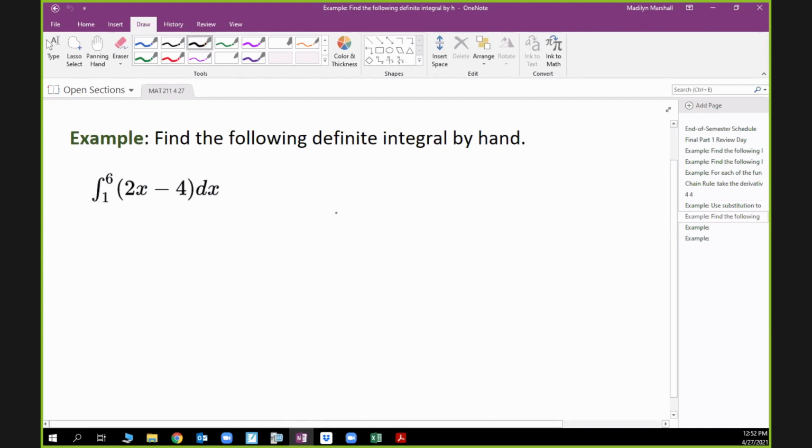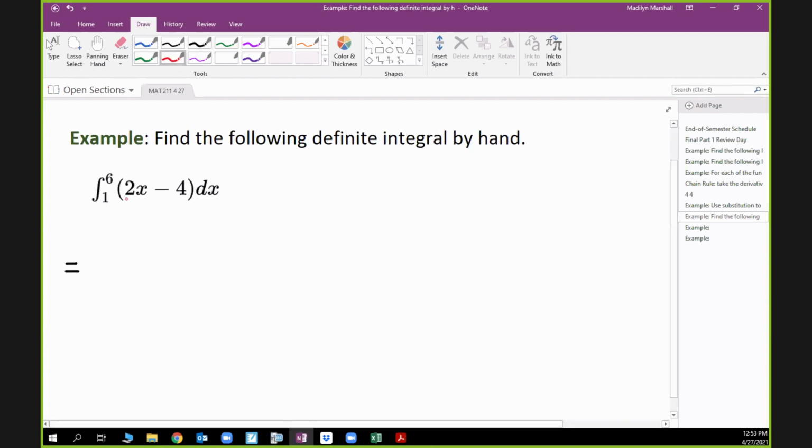So if we are finding the definite integral of this, a definite integral is when we have these limits of integration, we're actually starting and ending at a place, which means our answer should actually be a value and not a new function.